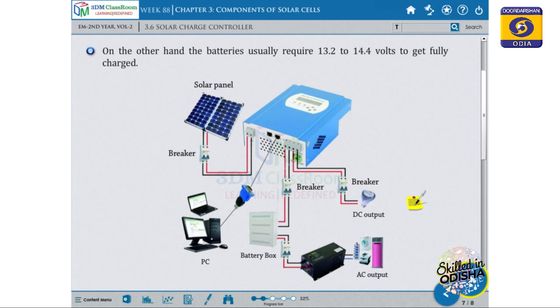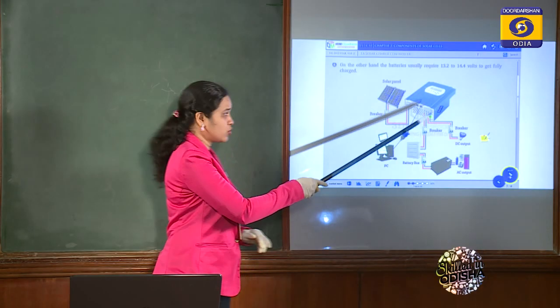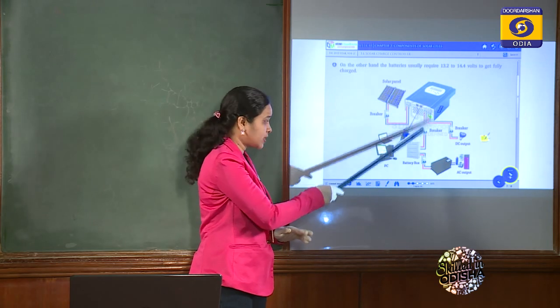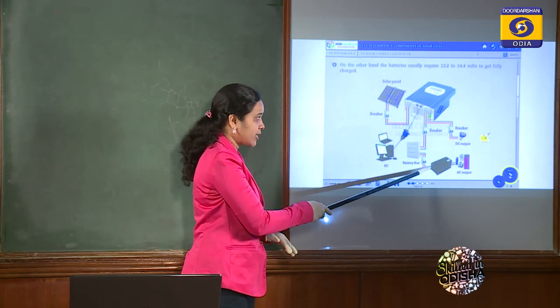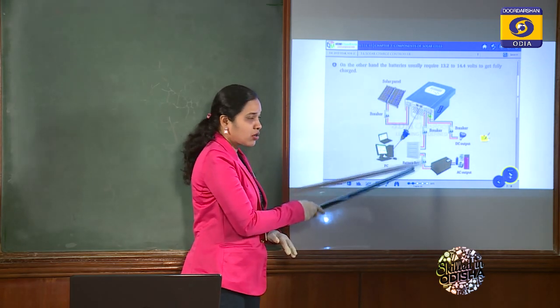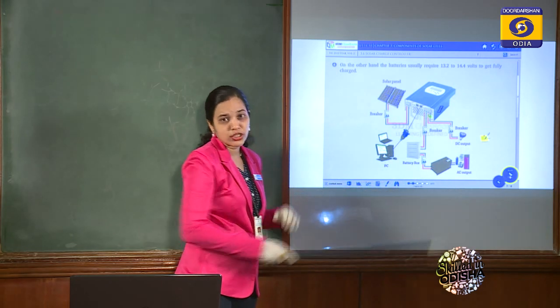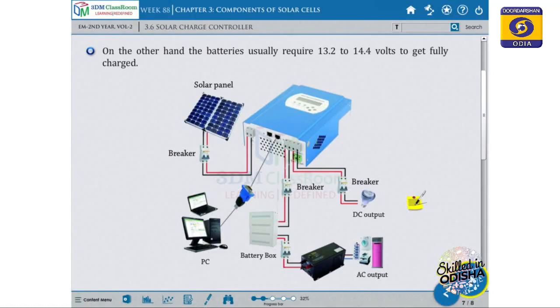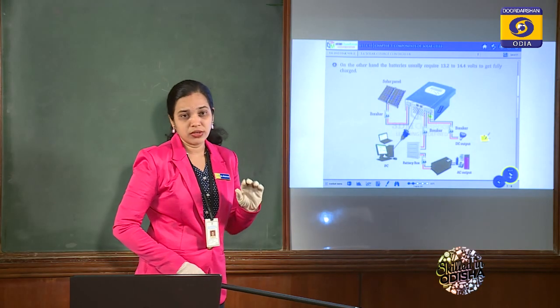So the output of the solar panel is given to a solar charge controller. What happens in the solar charge controller? It controls the charging output for the battery, and it gives a constant charging voltage, 13 to 14 volt, by which the battery charges.